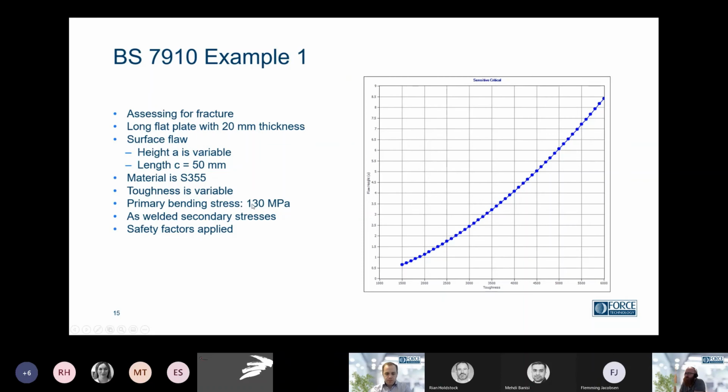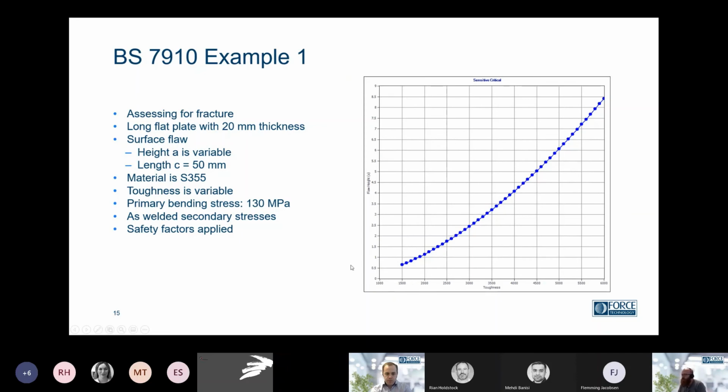What you see here on the right is the critical flaw height based on the fracture toughness. The primary bending stress that I've applied to this case is 130 megapascals. The condition is as welded with secondary stresses, and I've applied some safety factors on fracture toughness and the size of the weld.